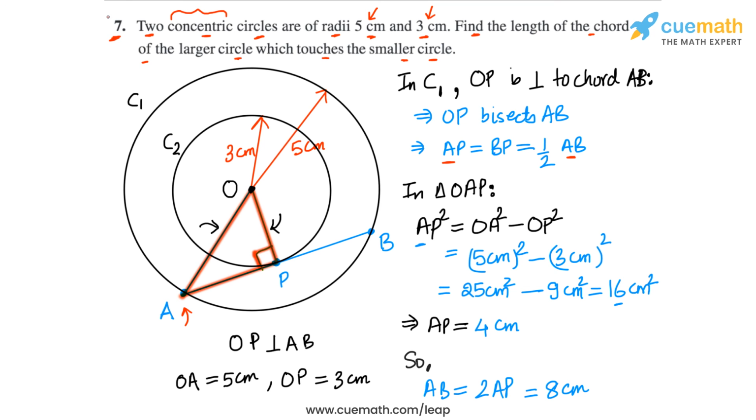This means the length of the chord AB is 8 centimeters. And if you draw any such chord of the outer circle which touches the inner circle, the length of any such chord will be 8 centimeters. Okay, so this is the answer for question number 7.